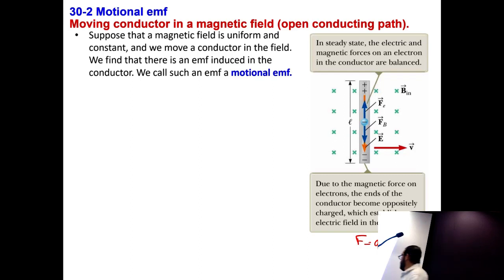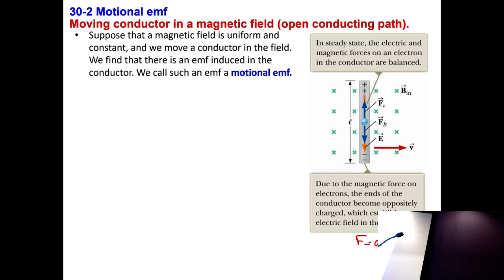All right, so let's do QVB. The charges are moving in this direction, so V is like this. B is into the page. V cross B, the force is upward, but it's a negative charge, so it's opposed. So the electrons will experience a force that is downward when the bar is moving.